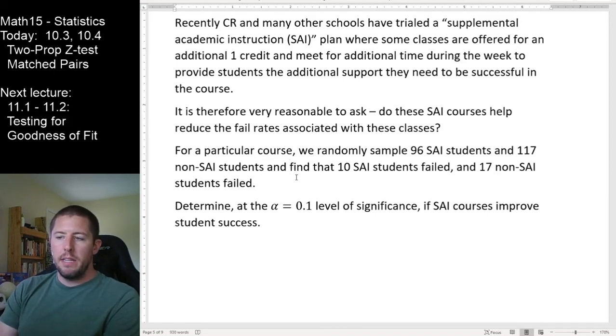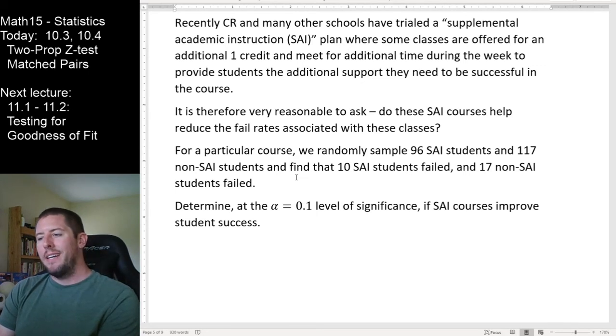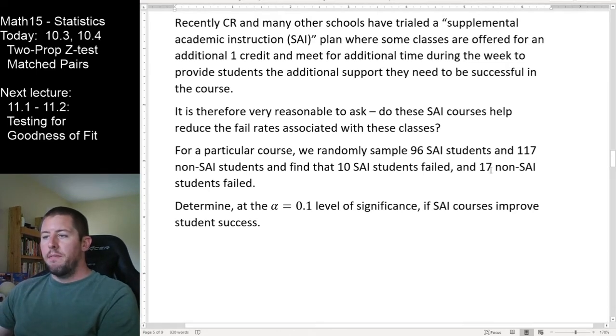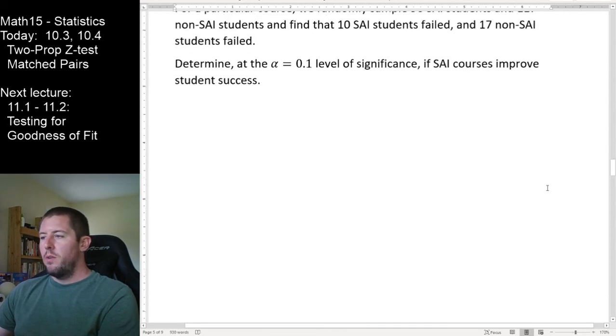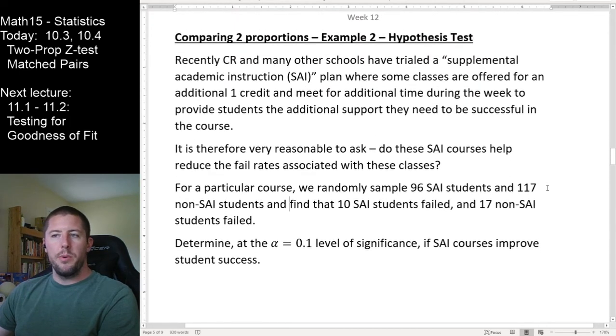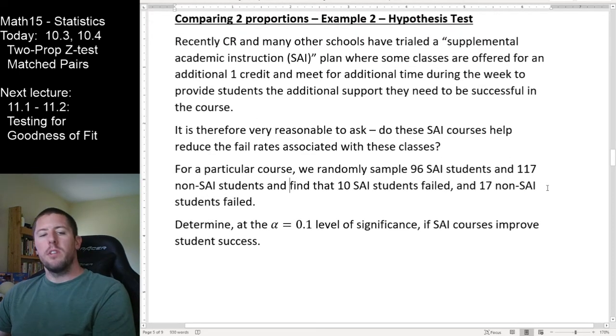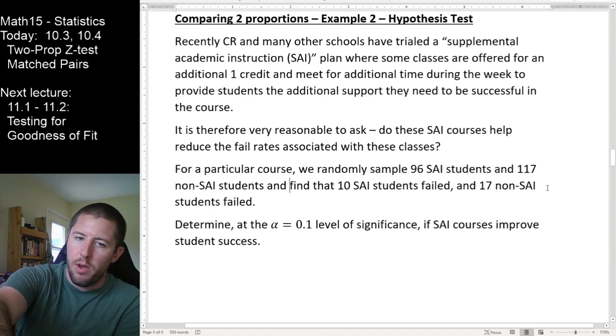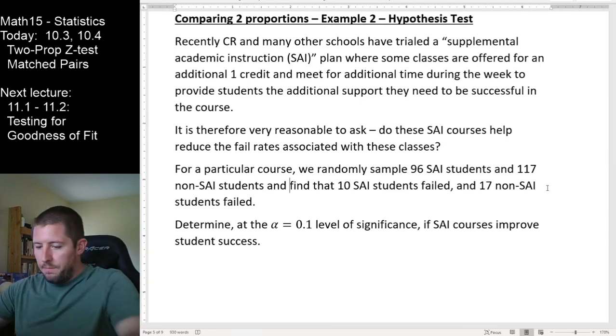And let's determine at the alpha equal 0.1 level of significance if SAI courses improve student success. So let's identify the variables associated with this, the numerical information we want to extract from these paragraphs, and then we'll start our hypothesis test with the same first step we always start with, our hypotheses.